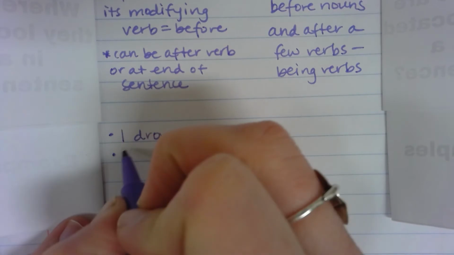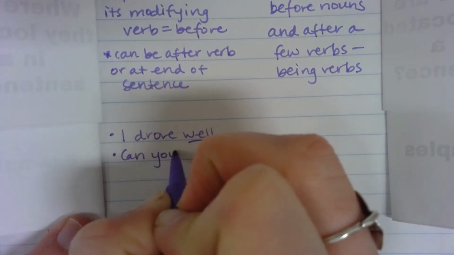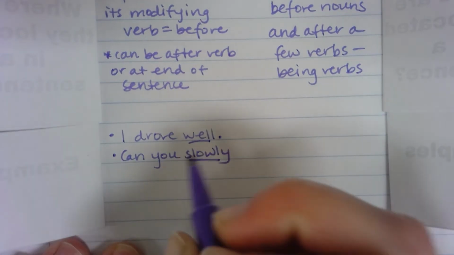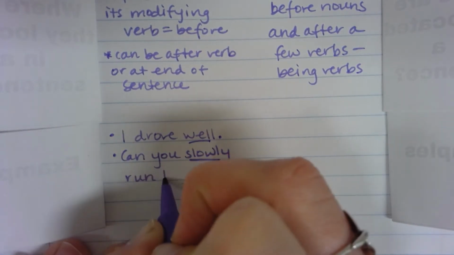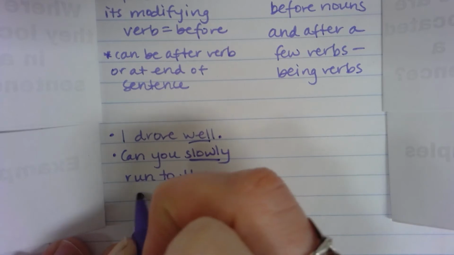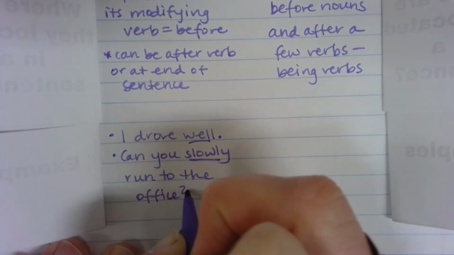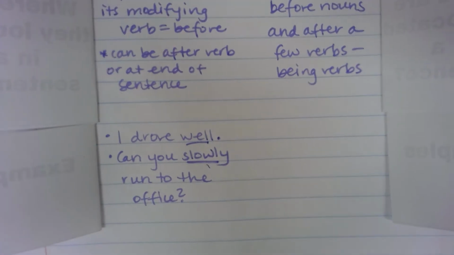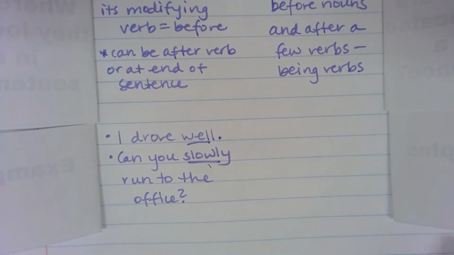Can you slowly run to the office? Slowly run. Here it's right before the verb. Ly. A lot of times will be right before the verb. And there's 2 examples for you.